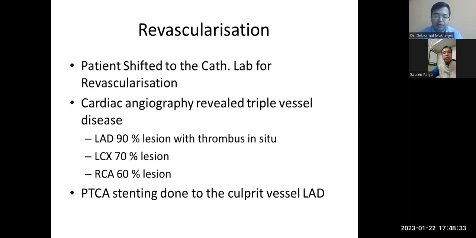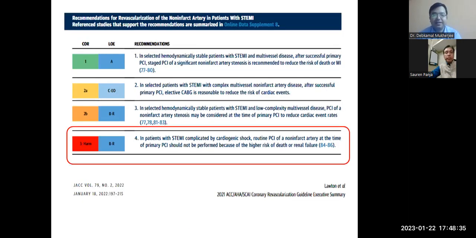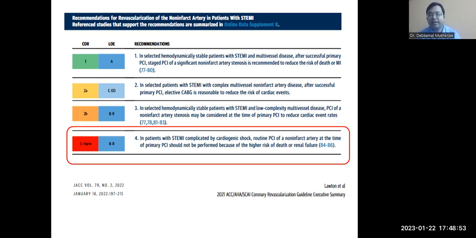So according to the guidelines, when a patient is in cardiogenic shock, it is always recommended to perform the primary coronary intervention to the culprit artery only, not to the non-infarct artery at that point of time, because there is a higher risk of death or renal failure for this kind of patient.